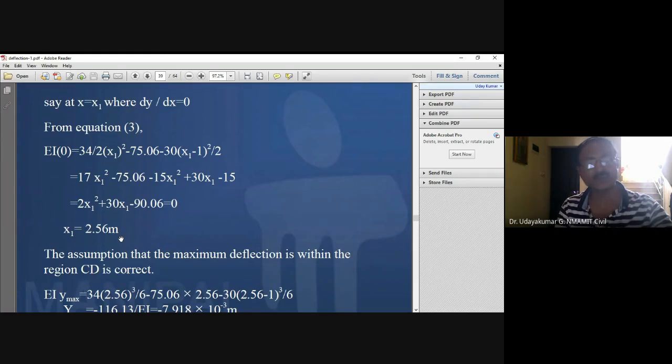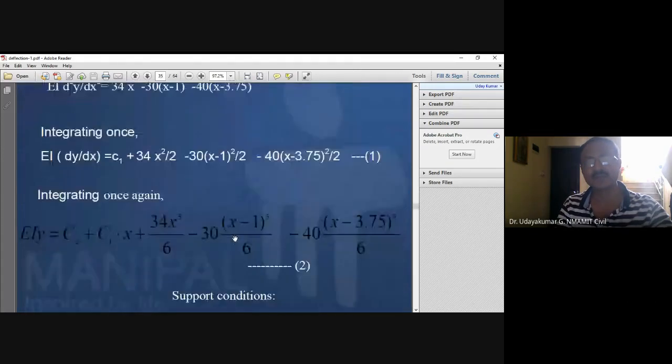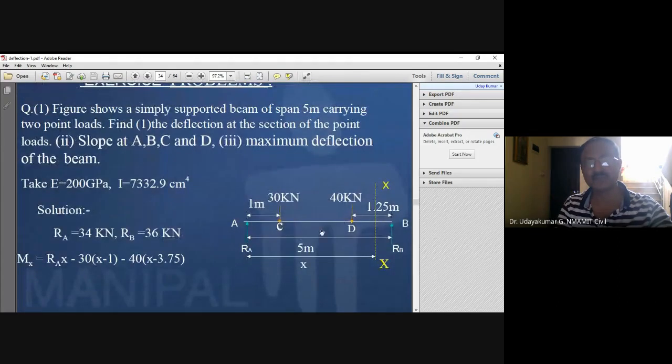Substitute this value of 2.56 in the deflection equation to get the maximum deflection. Slope is 0 at 2.56 meter. That is between C and D, as is clear from the figure. Maximum deflection occurs between C and D, where slope is 0. I said it must be around 2 and 3. So it has come 2.56 by putting the slope to be 0 in this equation.